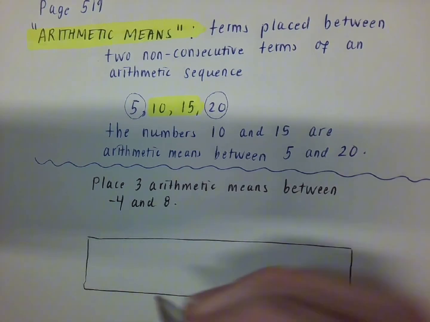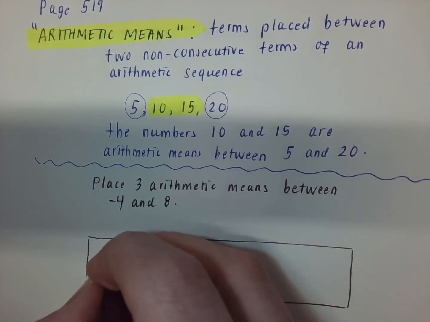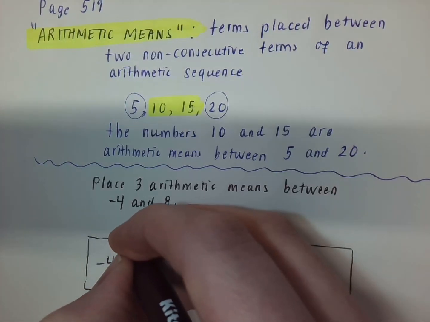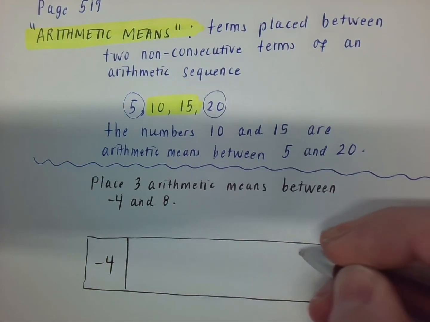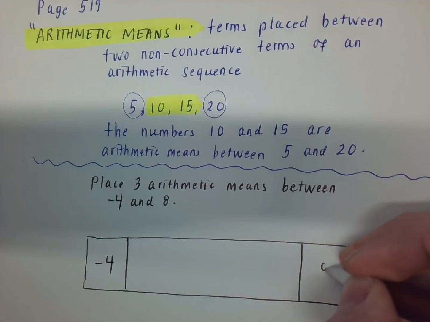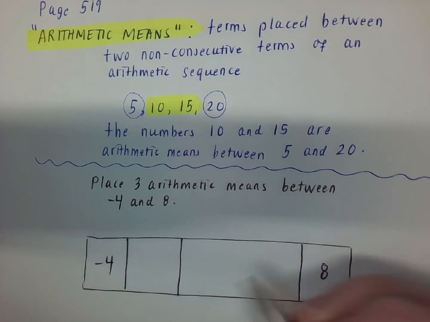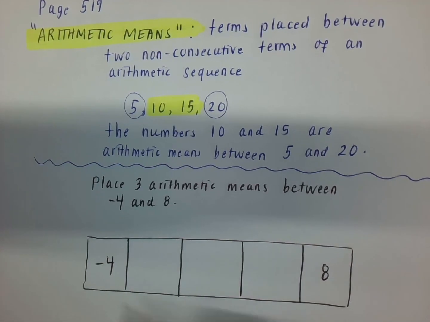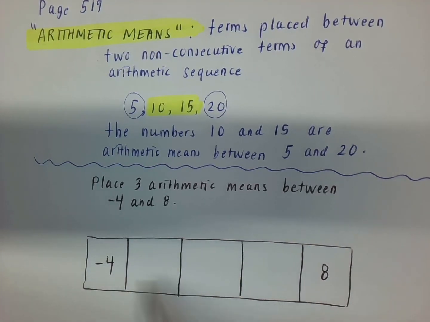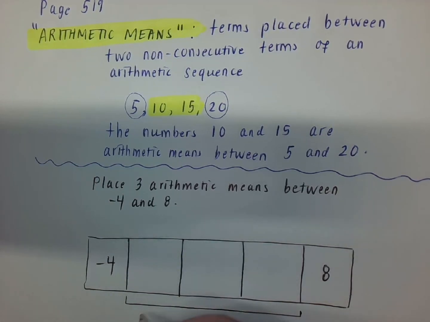I have -4, and I have 8. And then I want to ask, what are those 3 numbers in between? If this is an arithmetic sequence, what would these terms be?